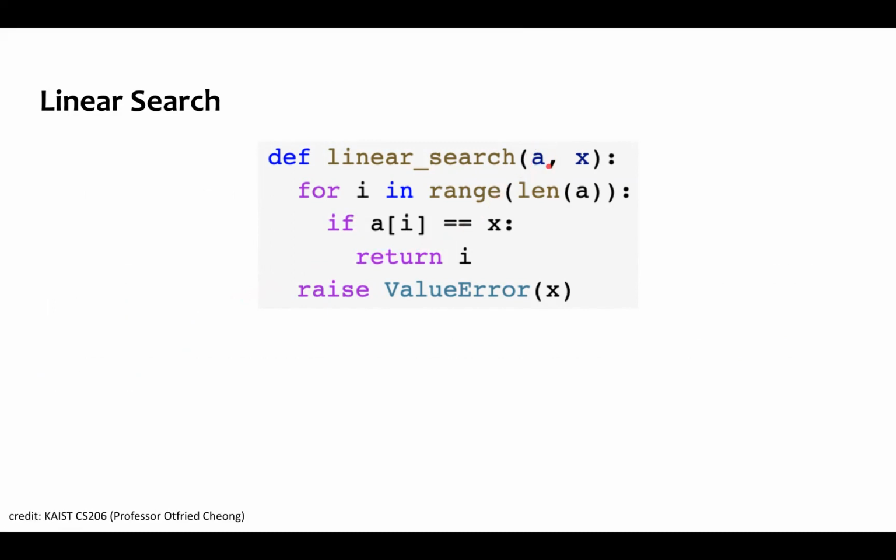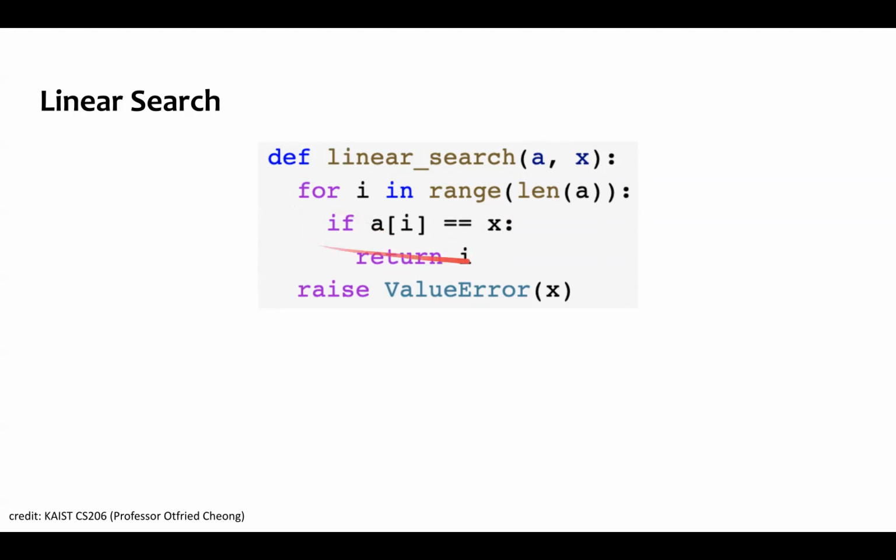A is the given list, and from this list, we want to find an item whose value equals X. In this case, what we can do is just iterate over all the items inside this list A. So we are going to make a loop that iterates over len(A), and we inspect each item inside A and check if this value equals X. If this value is equal to X, then we return the index i.